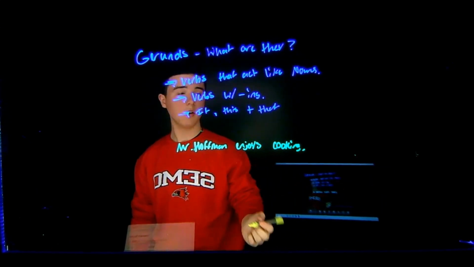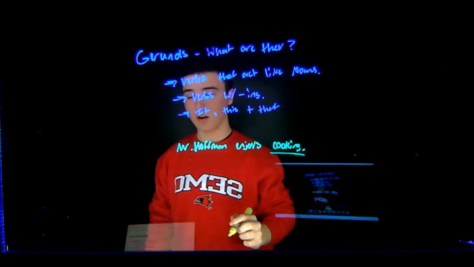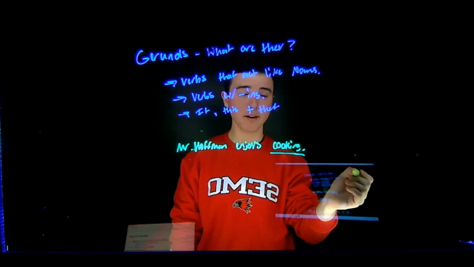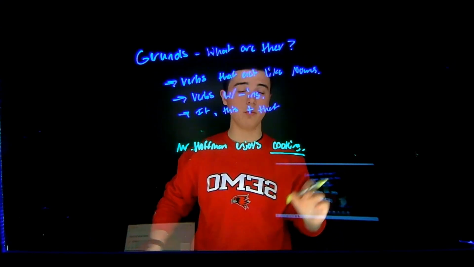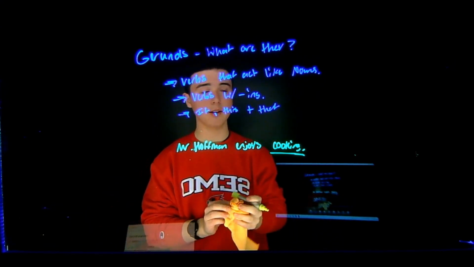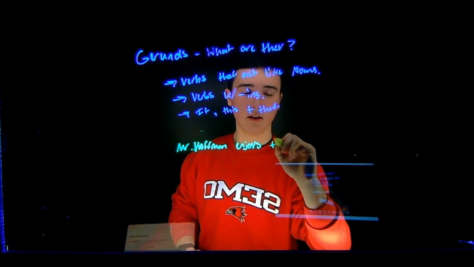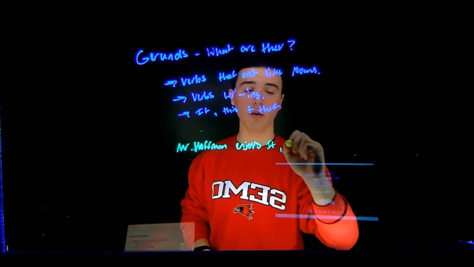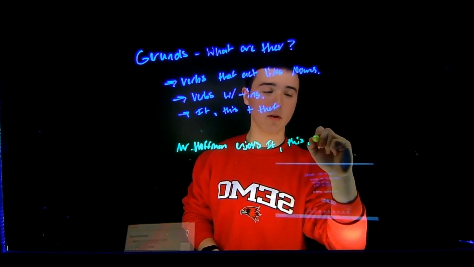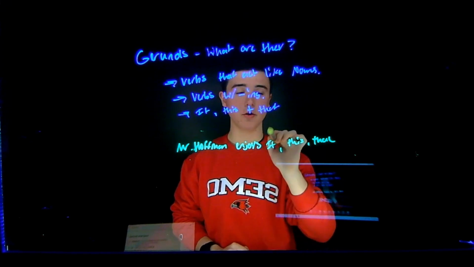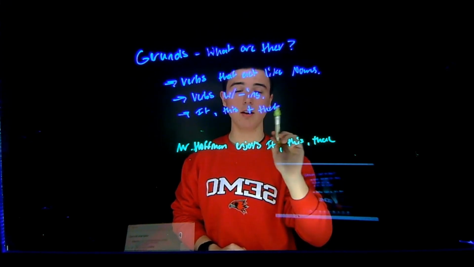So, cooking is our gerund in the sentence, which is our direct object. And then we can easily replace cooking with it, or this, or that. So Mr. Hoffman enjoys it, Mr. Hoffman enjoys this, Mr. Hoffman enjoys that.